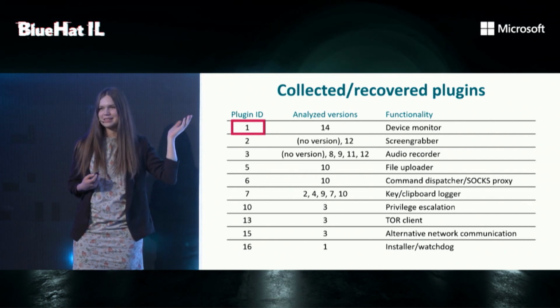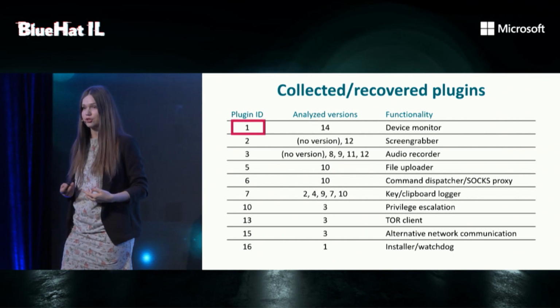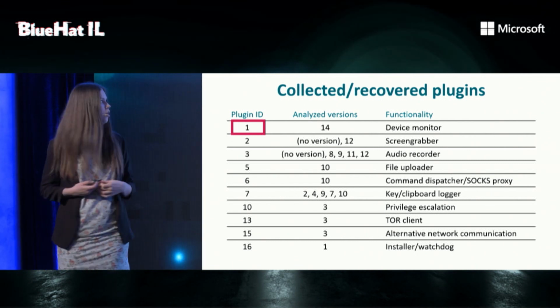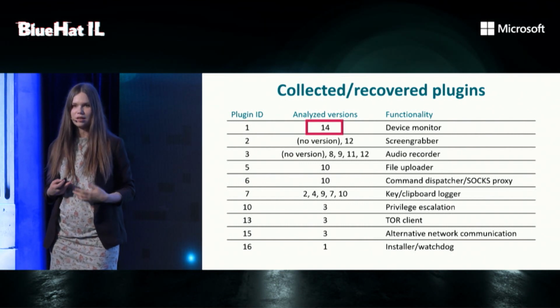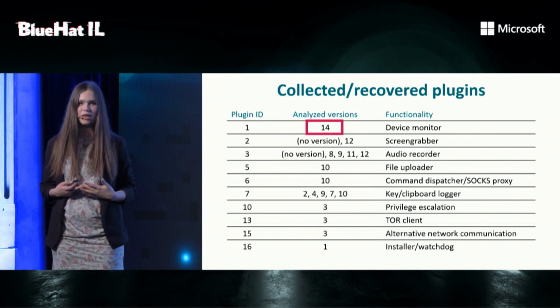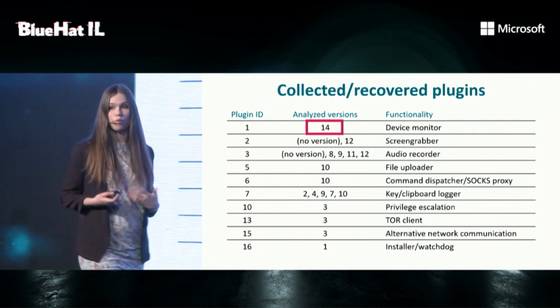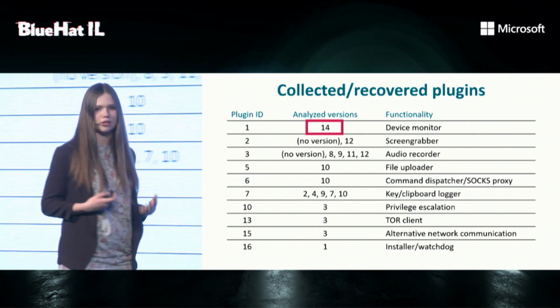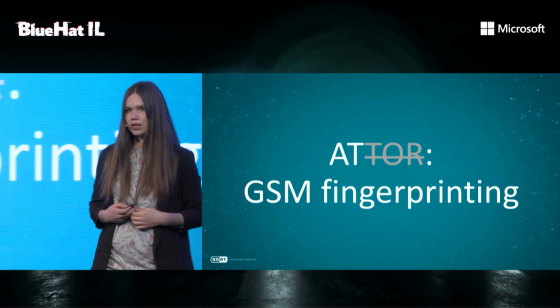It's such a prominent space, so maybe it indicates that this is the most important functionality of ATTOR. But also, the version that we analyzed is number 14, and that's the highest of all the versions that we analyzed. And that could also mean that the developers put some more effort into developing this specific plugin. Let's look at it closer.